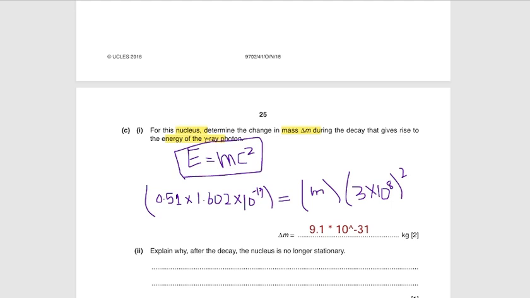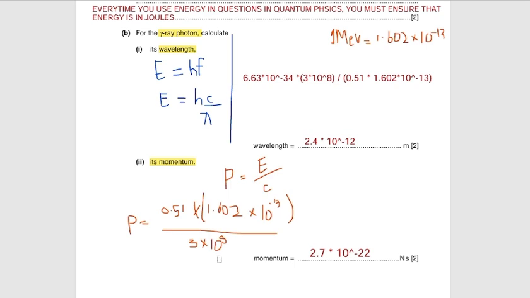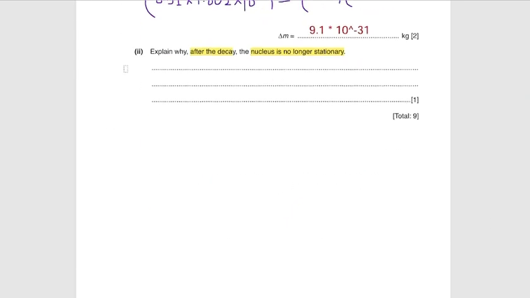Done. And now comes the second part that says explain why after the decay the nucleus is no longer stationary. If you look here, we found its momentum, and let's try to visualize this. Let's assume that I have my nucleus here, and it just gave off a gamma ray photon, and that photon traveled in this direction.